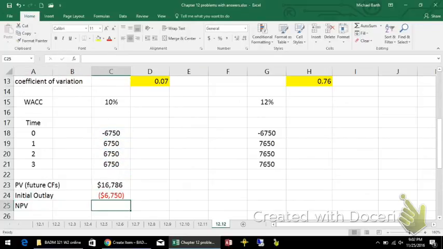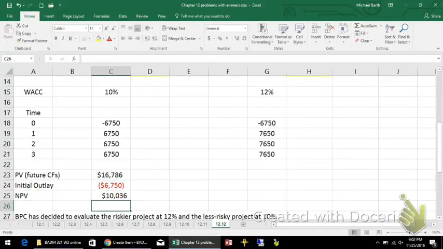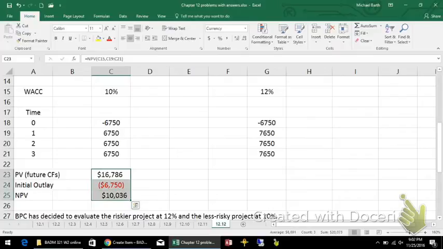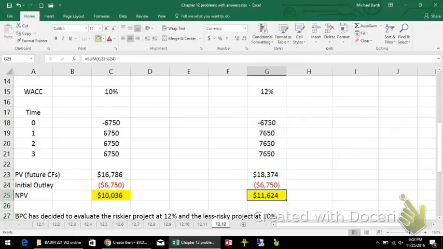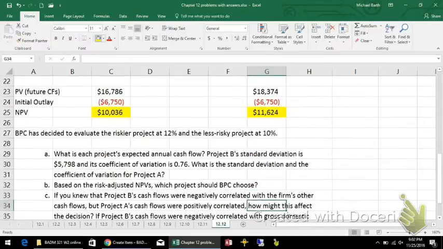So the NPV for Project A is 10,036. Using cell references, I copy all that over, and it's actually higher for Project B. Project B is riskier, but even after adjusting the weighted average cost of capital for risk, it still has a higher net present value.